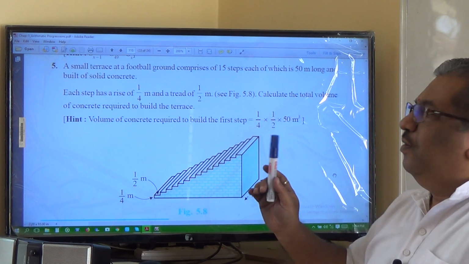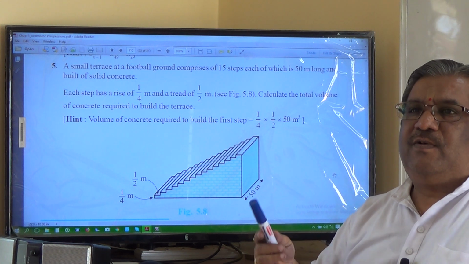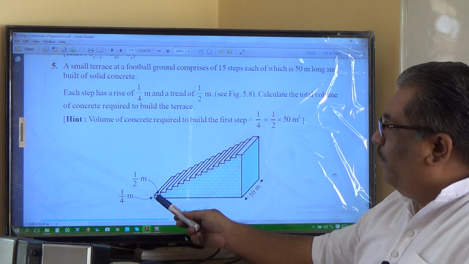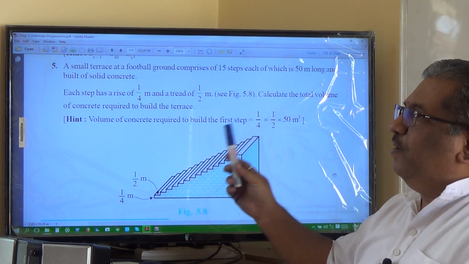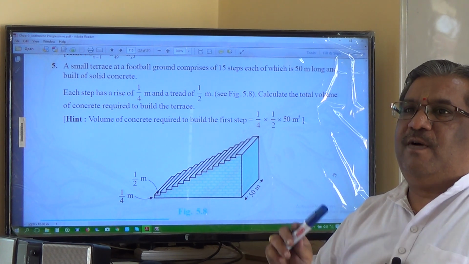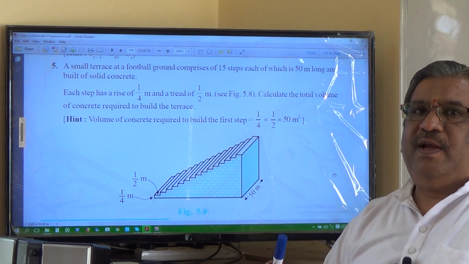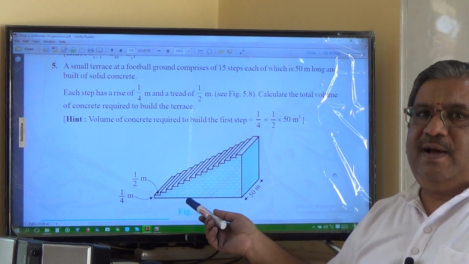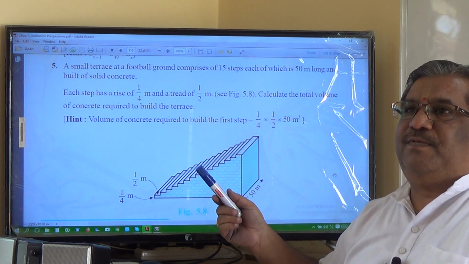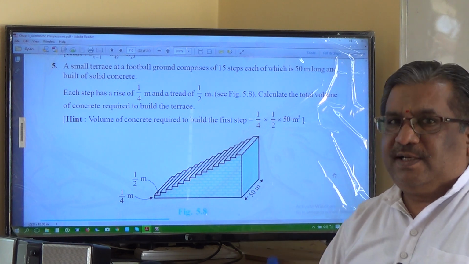So volume of total 15 steps is equal to the volume of concrete required to complete this structure. So let V1 be the volume of first step, V2 the volume of second step, V3 the volume of third step. Let us see the volumes of each step. Does it form an AP? If it forms an AP, we can calculate by using the formula S15 as the total volume of the concrete required. Okay, let's see how to solve this problem.